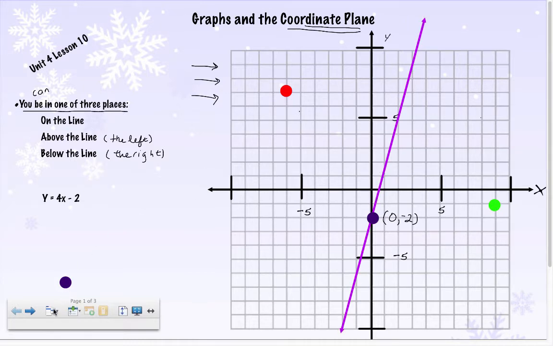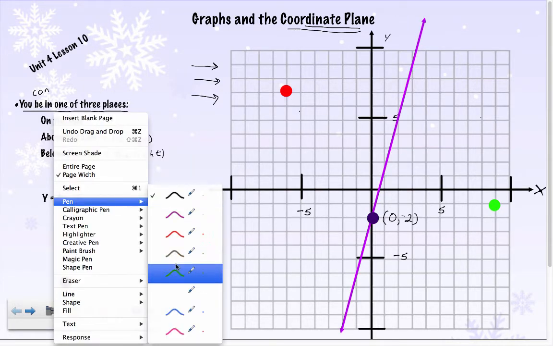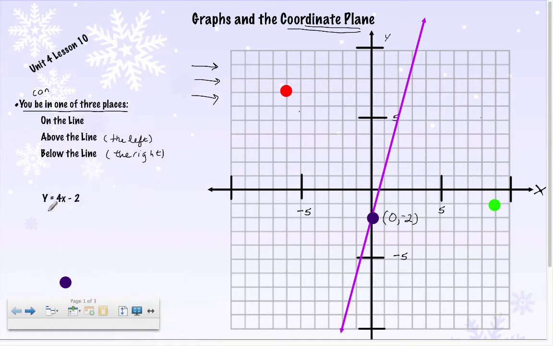And if we were to put that point into the equation, we would get a true value. Does -2 equal 0 minus 2? Why, yes, it is. And so will any other point that I pick that's on the line.